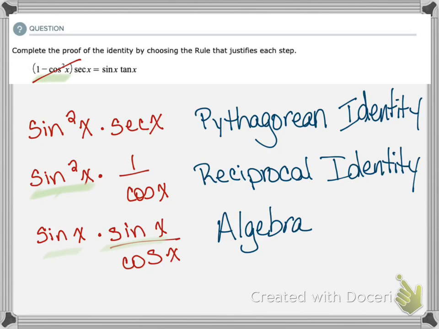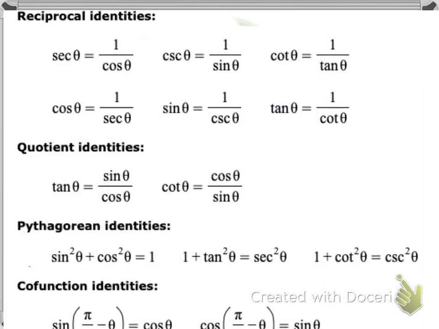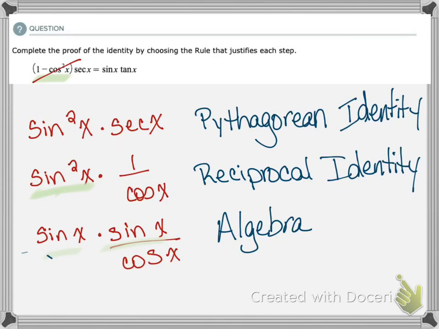But just hang in there with your algebra. Now, if we go back to this group, I see that when I have sine of theta over cosine of theta, that is tangent of theta. So I can take my sine of x and my cosine of x, and I can turn that into tangent x. And that is my quotient identity.